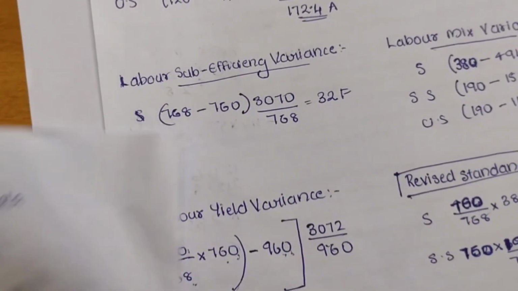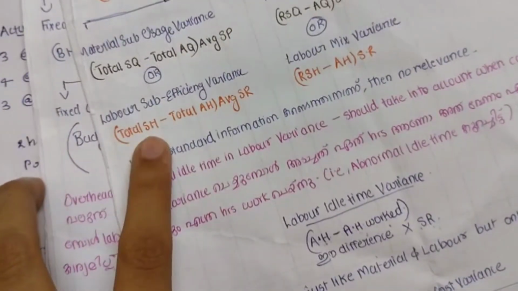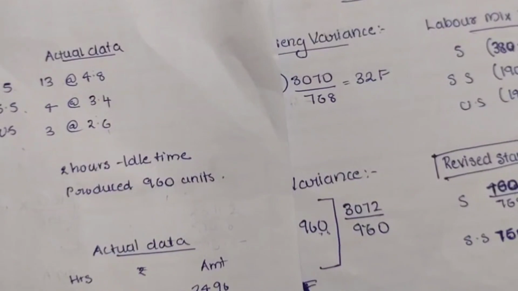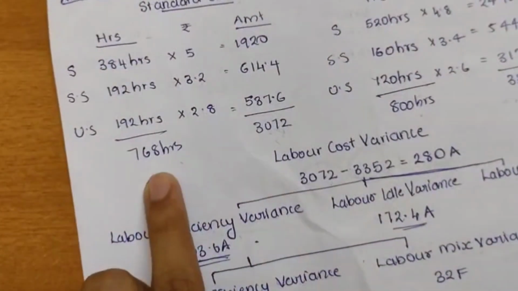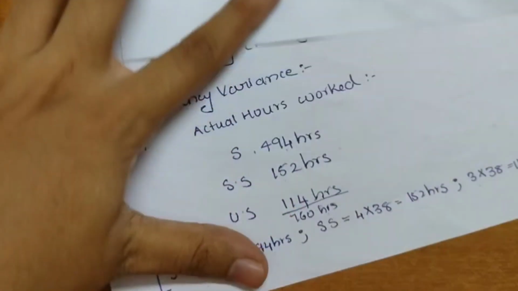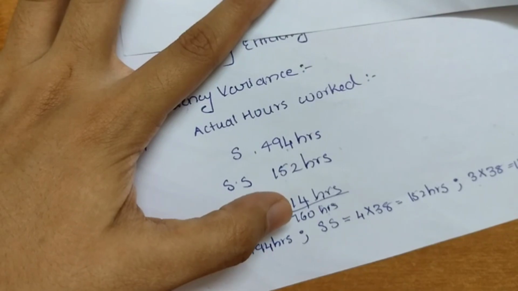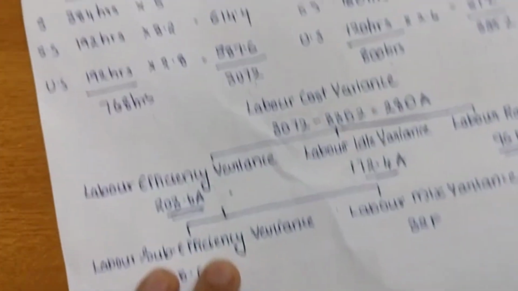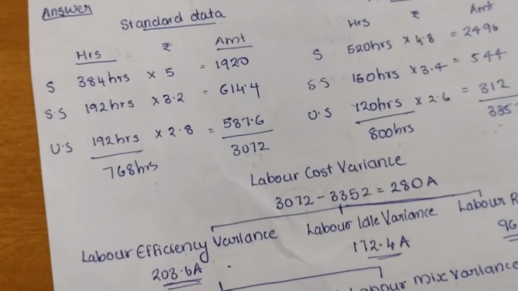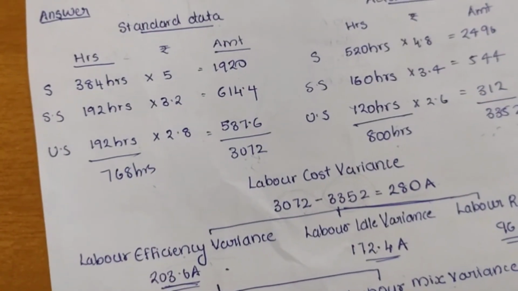Let's see. For sub-efficiency variance: total standard hours minus total actual hours into average standard rate. Total standard hours is 768 hours. Total actual hours they are asking, we have to take total actual hours worked, that is 760 hours. So 768 minus 760 into average standard rate.